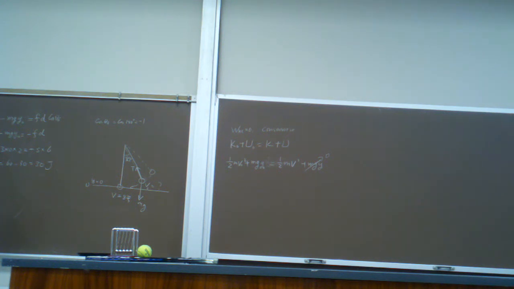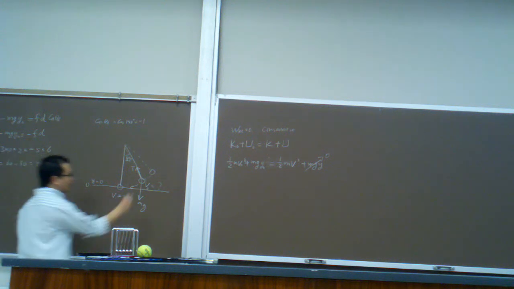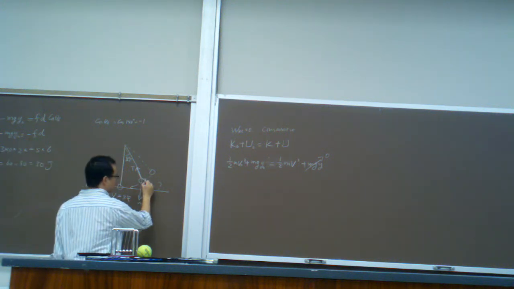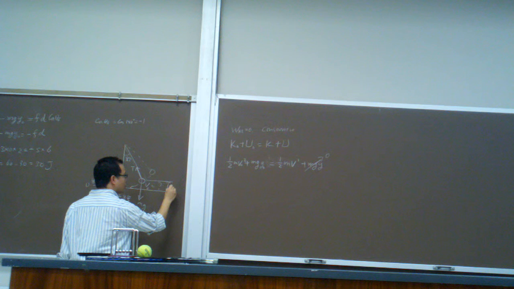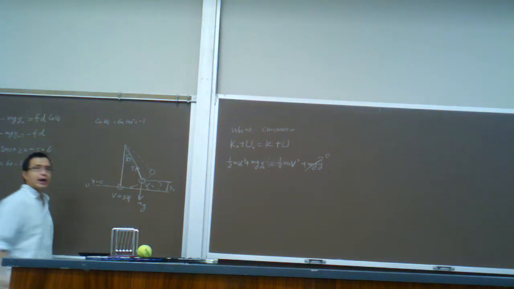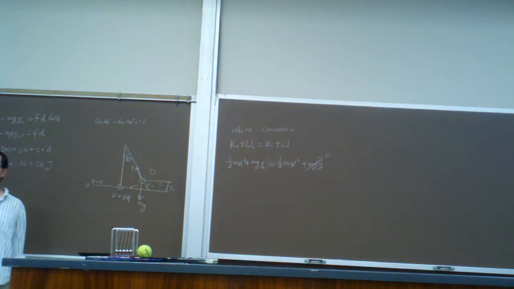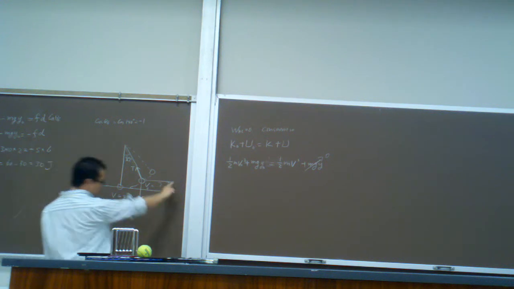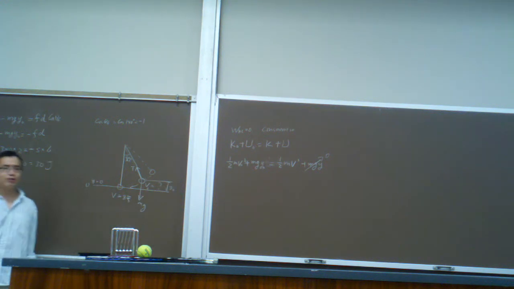To calculate the initial potential energy, we have to figure out the initial height, which makes an angle of 36.9 degrees. Please note that it's not directly given, so you have to figure it out from the trigonometry here. That's the tricky point of this problem.